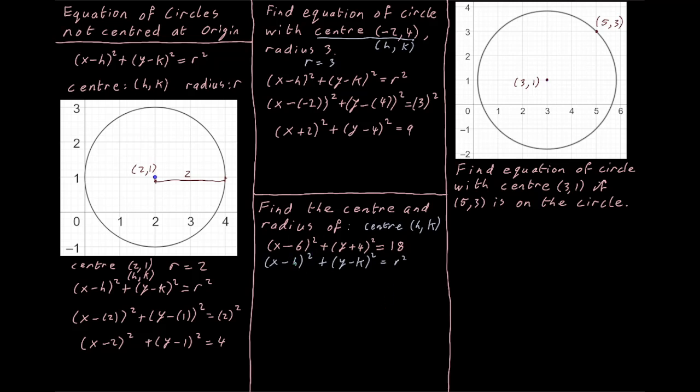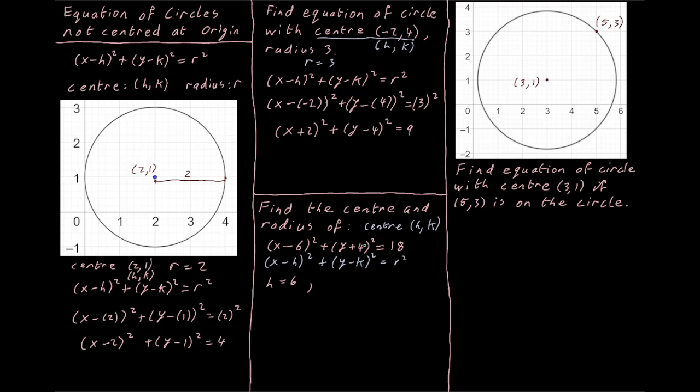So I can read from here that h is 6, because there's a minus in both of these, which means h is going to be 6. And I can see that k is going to be minus 4, because I have minus k here, but I have a plus 4 here.